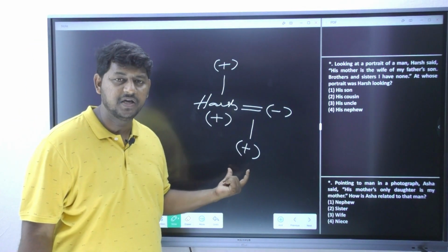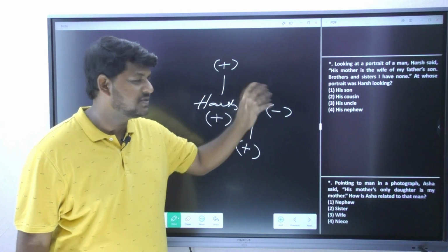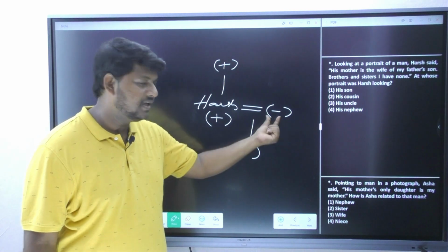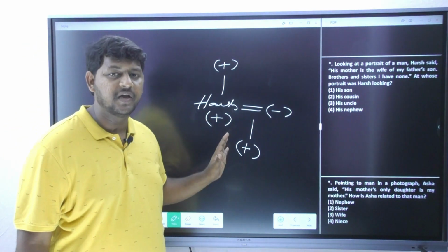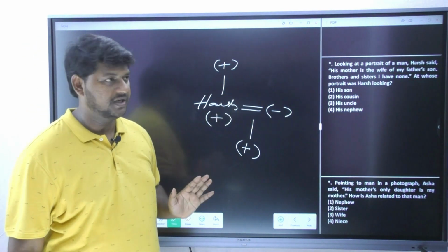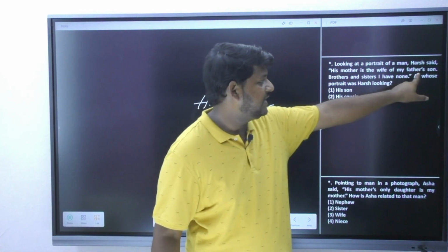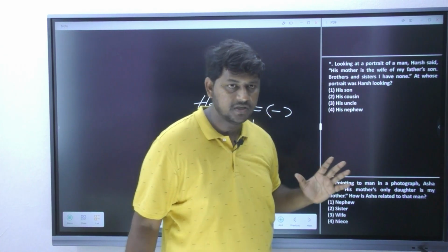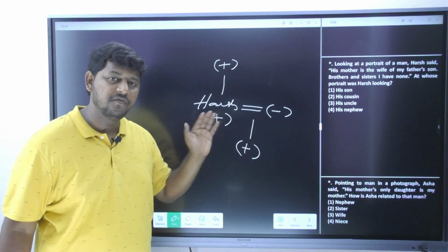How can you confirm the gender as male? Because the line itself started with his mother. So now this person's mother is wife of Harsh. It is clearly mentioned in this way as indirect information. So please remember, my father's son, this entire information I have removed and replaced with the name of Harsh. So clearly his mother is wife of Harsh.